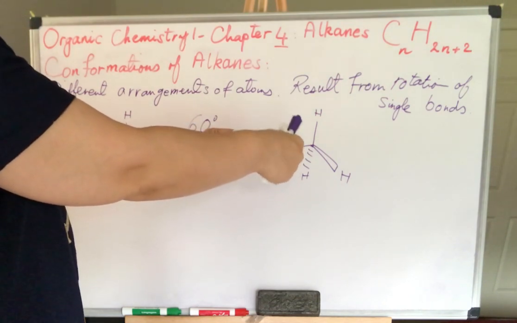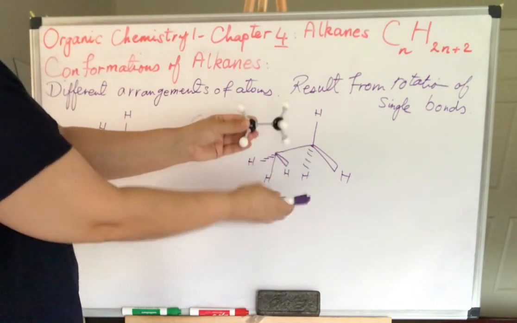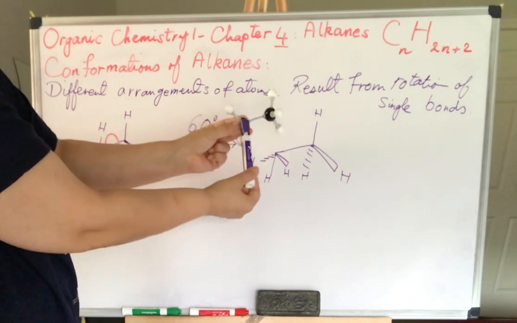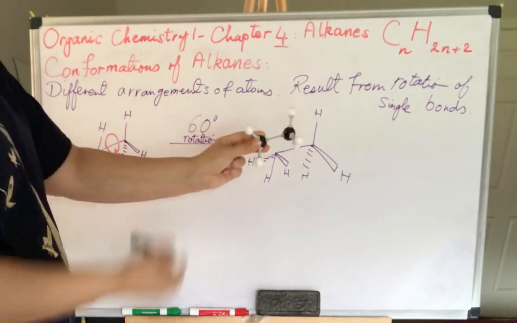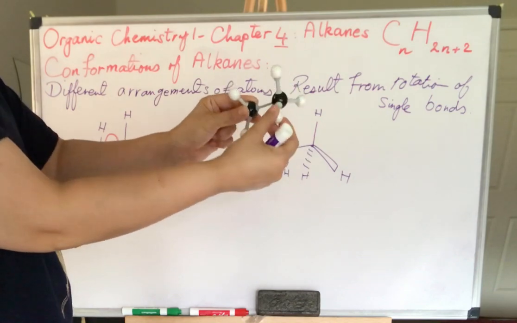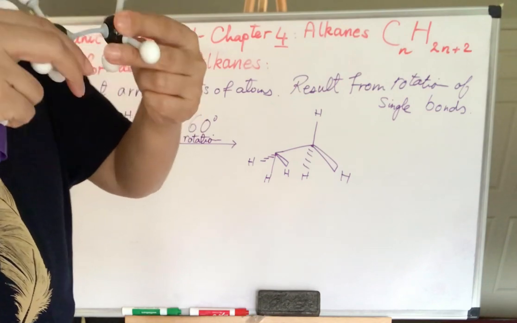So, maybe I should have drawn, yeah, okay. Hydrogen up, hydrogen towards you, away from you, and down, towards you, away from you. So conformations are formed by rotating 60 degrees along the bond.